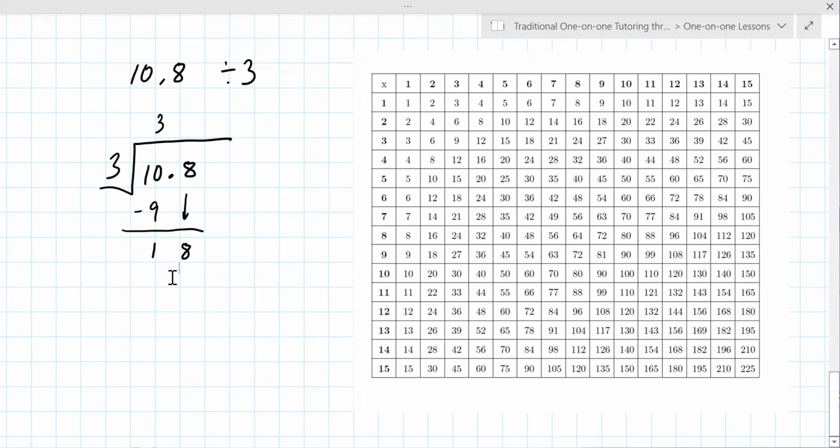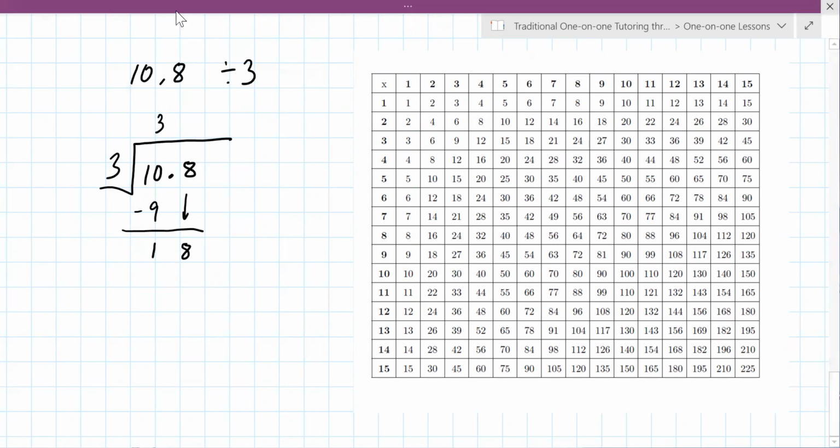How many times? 6. So where does the 6 go? On top of the 8. Yeah, so 3.6. 6 times 3 is 18. And then the remainder is 0. Yes.